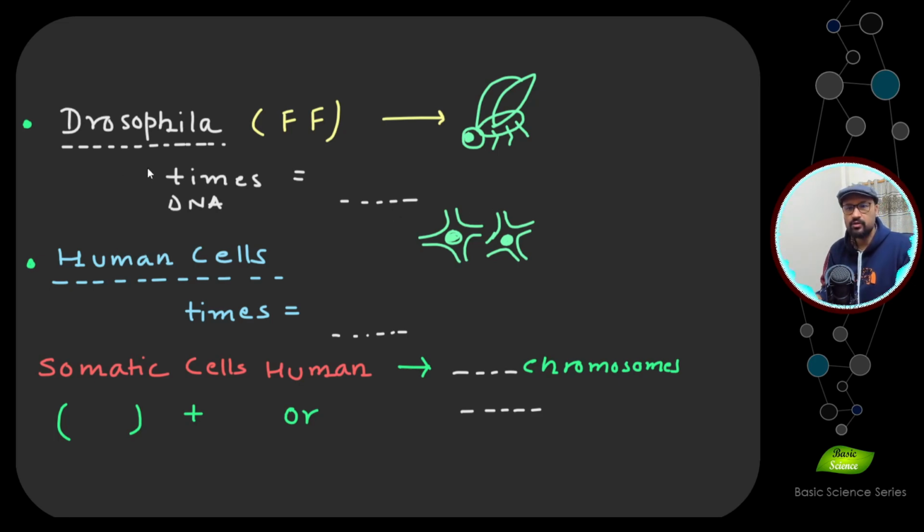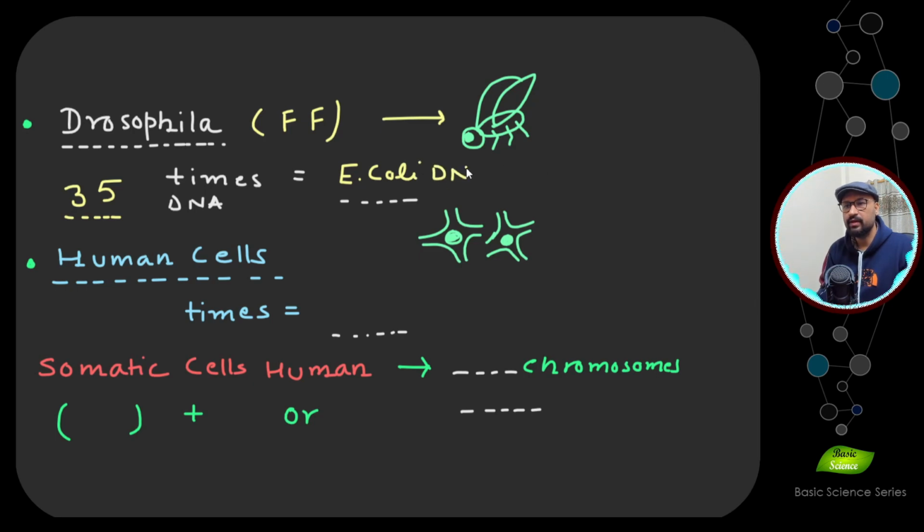Why Drosophila? Drosophila is another organism that is being studied extensively in the area of genetics. Drosophila genetics is entirely a huge area where people are working to understand different processes. Okay, how many times the E. coli DNA? What is the size of this? 35 times, very much larger than the E. coli DNA, right?